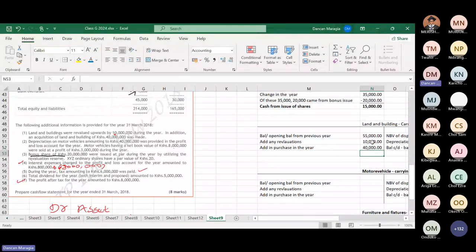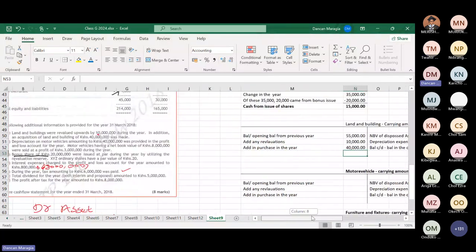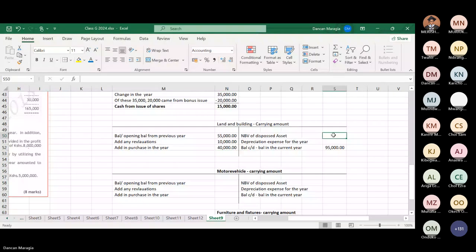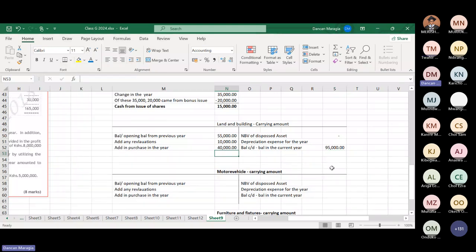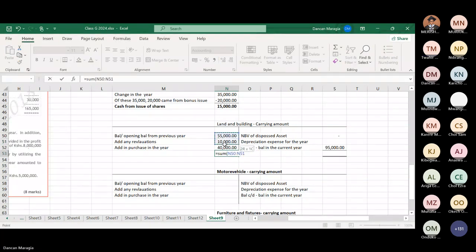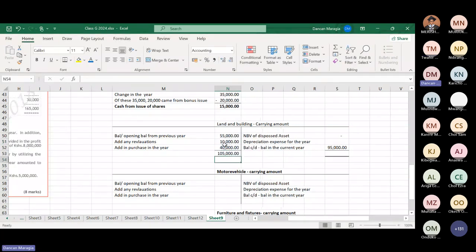Are we told that land was sold in the period? Or any building? 0. So it means we need to balance these accounts to check what the depreciation was, because now it's not balancing. Then the remaining figure is the one for depreciation, 105.